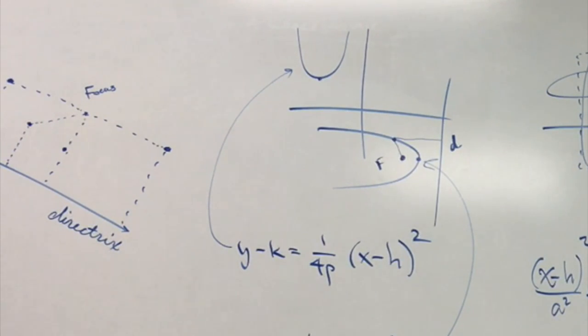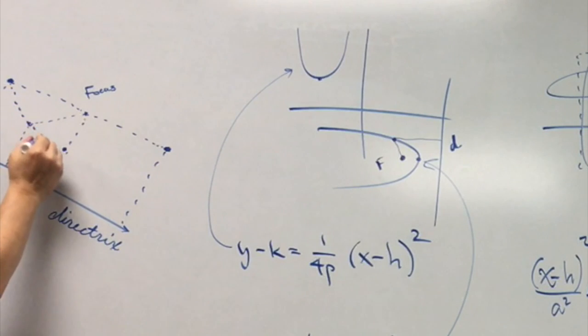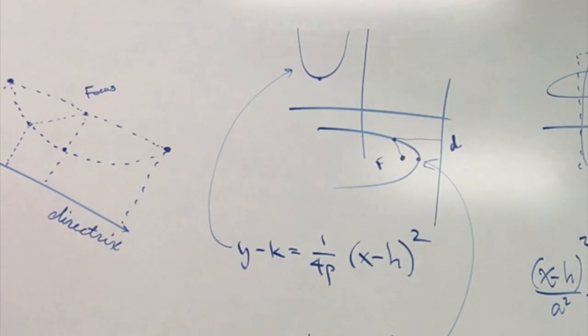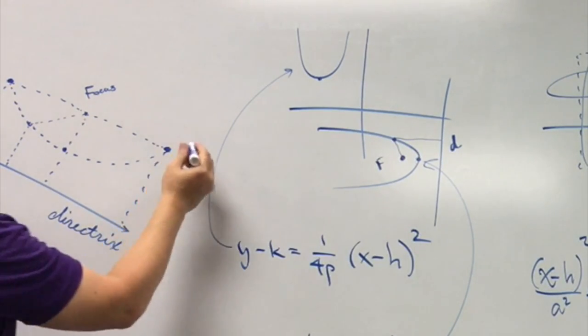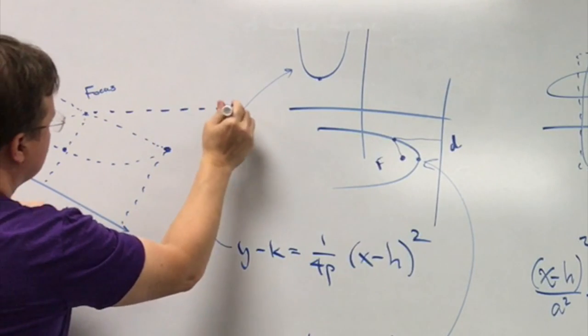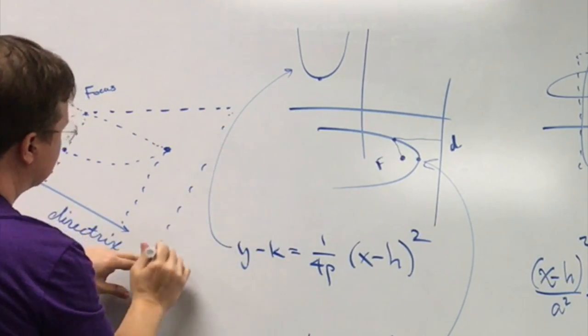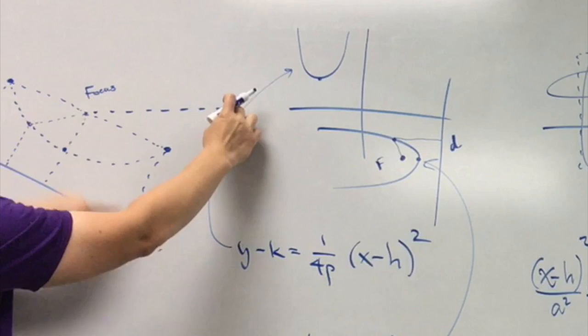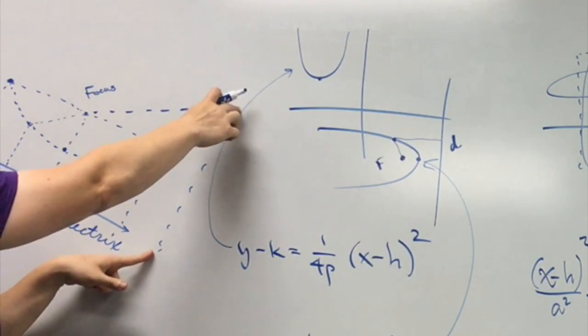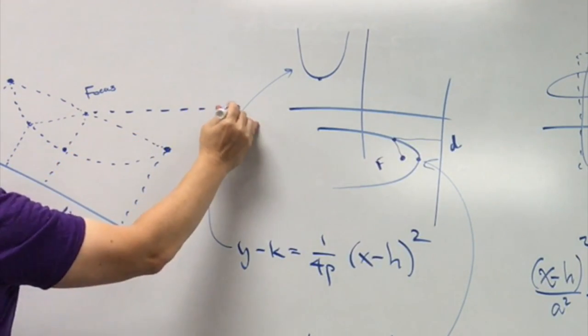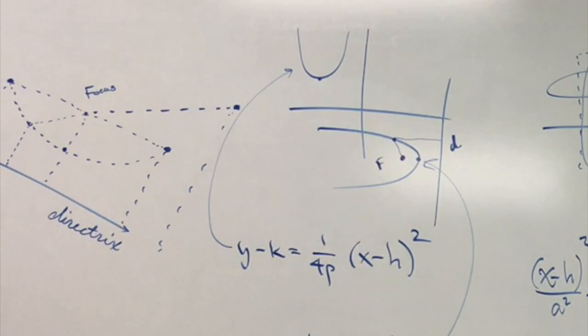If you start plotting all the points that are equidistant from the focus and the directrix, you'll start to get a bunch of points that look like that. And as you get even further away, I could go like this, but then it might be something like that, so that this distance equals that distance. So this would also be a point on the parabola.